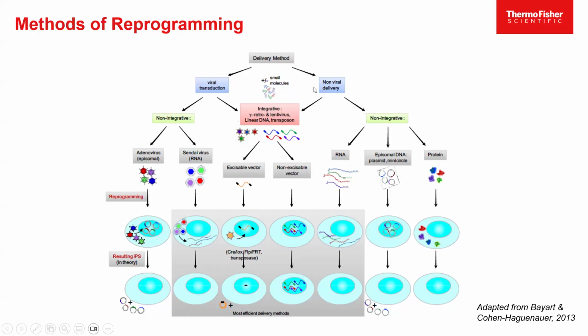We can use viral particles to deliver a cargo of a particular transgene, or there are non-viral delivery methods like transfection and electroporation. There are even newer methods like LNPs and things like that. But whether you're talking about viral or non-viral, the main way we like to think about our different reprogramming methods is whether they're integrative or not.